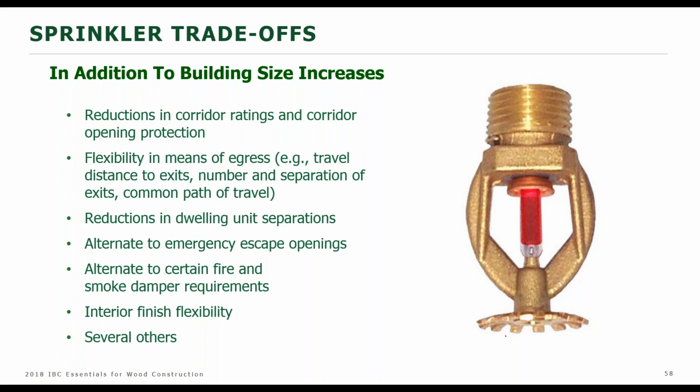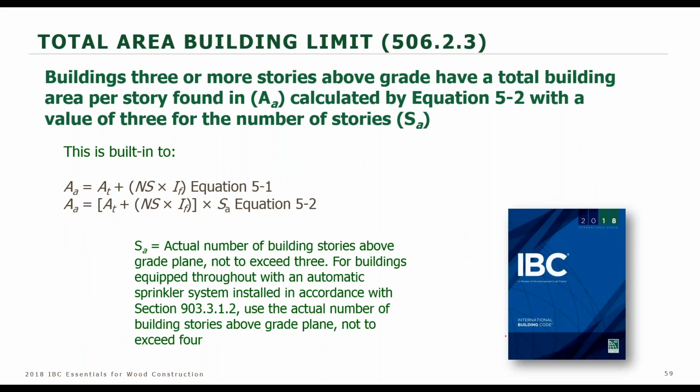You get some reduced ratings in some of the building rated element separations and so forth. So there are many trade-offs, you can call them, or some would say trade-ups, because of the vast increase in safety for occupants in sprinklered buildings versus non-sprinklered buildings. These are features that change in the code for the building when you put sprinklers in. Very significant in many ways.